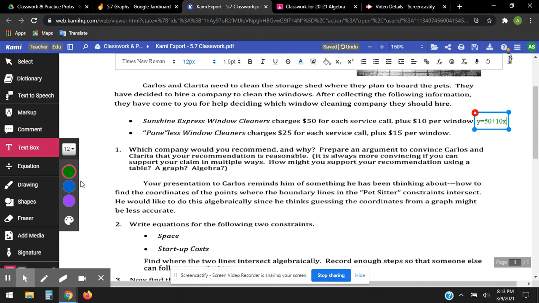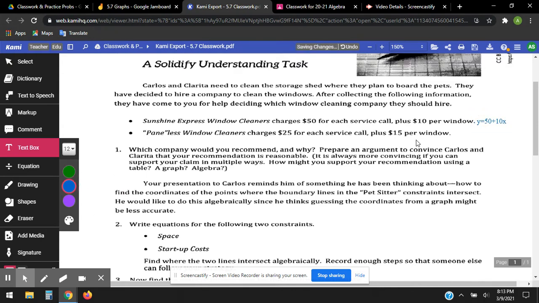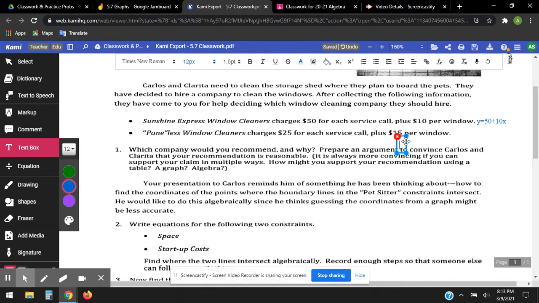Painless does 25 for each service call plus 15 per window. So I have two different equations here.